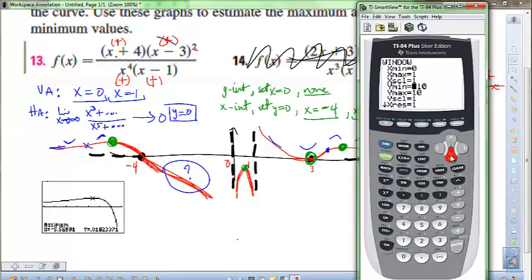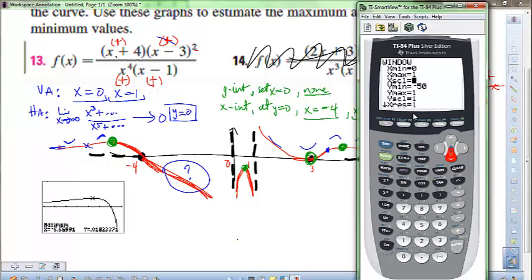Let's try -50. And like I said, I don't have to go all the way up to 10. Let's just go to 1. Let's graph that and see how it looks like. Okay, we're still not seeing it, so we might need to adjust our window again.